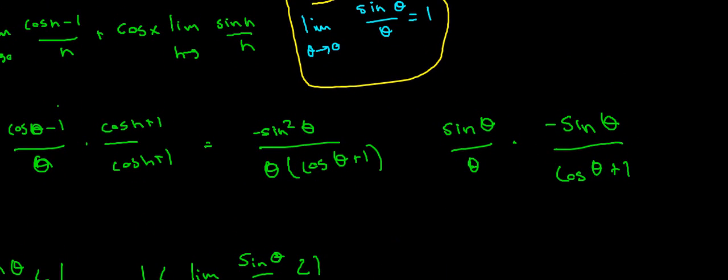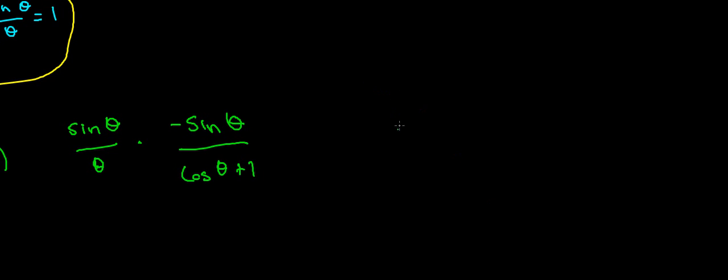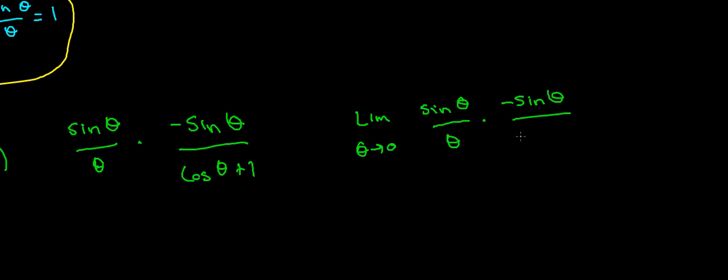And this is a limit problem, so let me continue. So let me rewrite the whole thing. The limit as theta goes to 0 of sine theta over theta times minus sine theta over cosine theta plus 1.